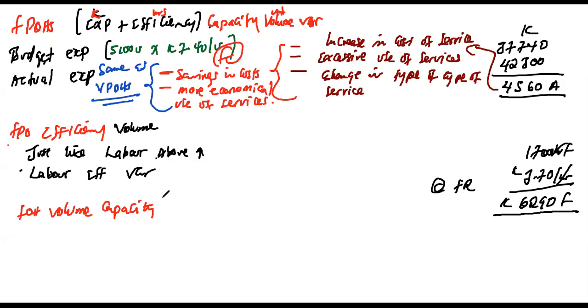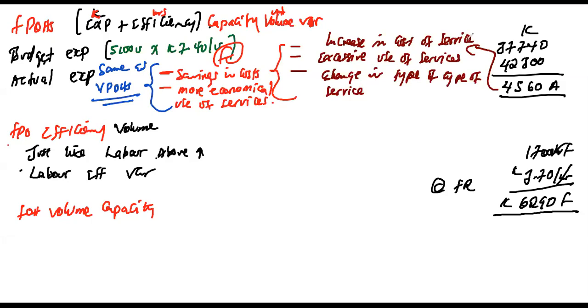What you must understand here is this: what causes the fixed overhead volume variance? The volume variance is simply based on the budgeted units versus the actual units. The difference should be valued at the OAR, the overhead absorption rate. And how do we get the OAR? You simply get BOC over BAL.